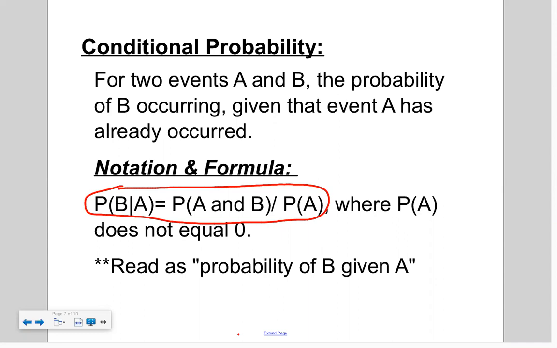Well, if the condition is that A happens, then the probability of A won't be 0. We wouldn't be computing this if the probability of A was 0, because then A would never happen. The condition that we're trying to figure out isn't happening.